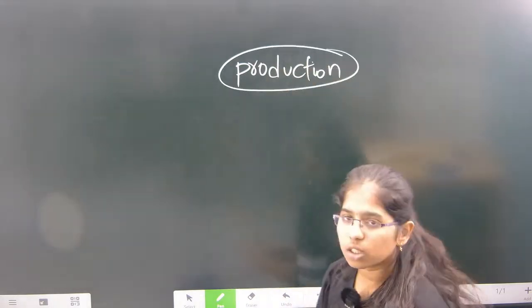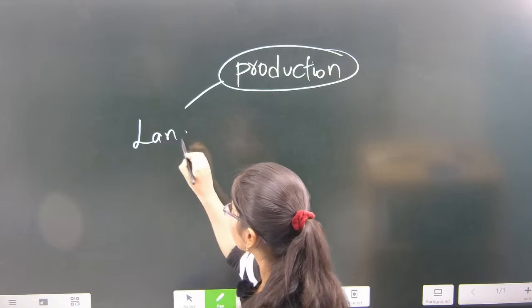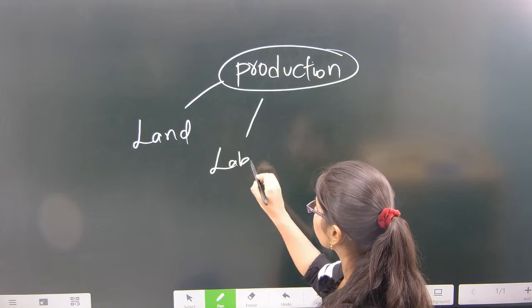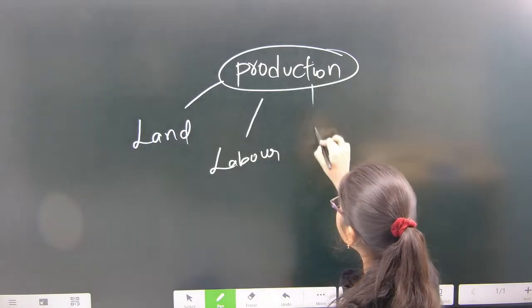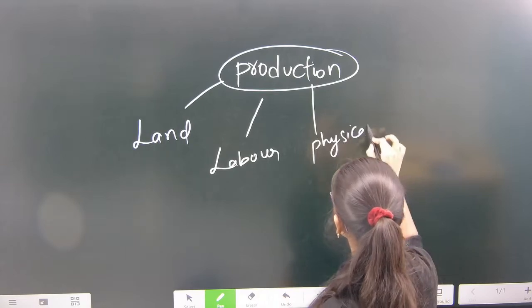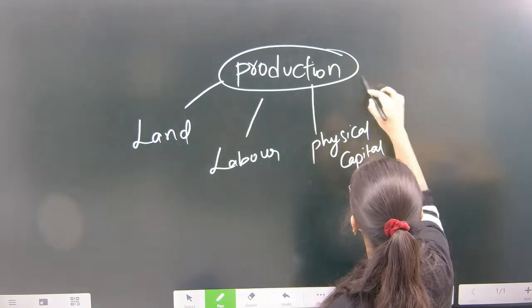See, the 4 were, first was land, and second it was labor, and third it was physical capital, and fourth human capital.